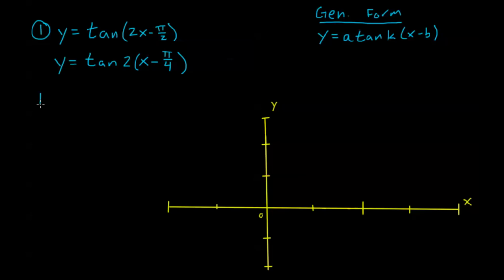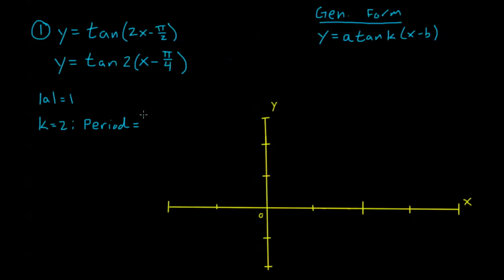My amplitude, absolute value of a, is equal to 1. So we're not looking at stretching the tangent curve up or down any. My k is equal to 2. So that gives me a period of, now here's where it gets a little bit tricky with tangent and cotangent.